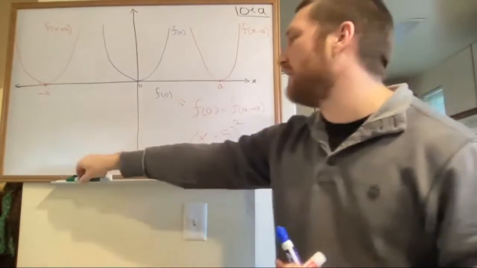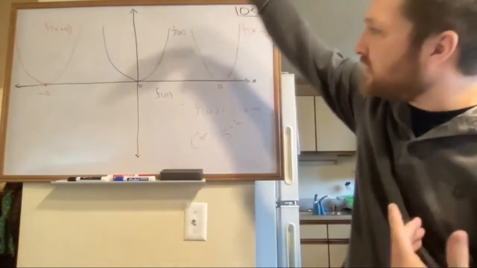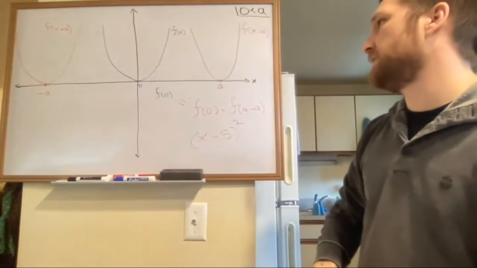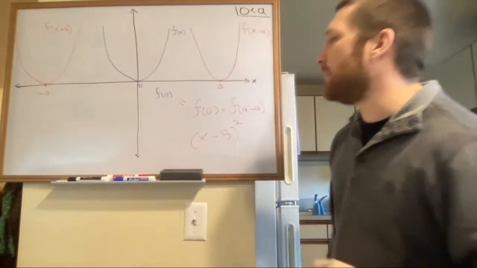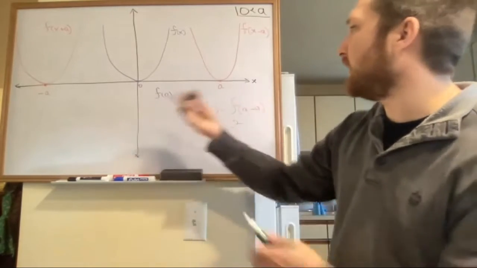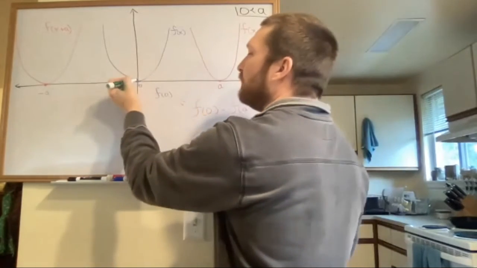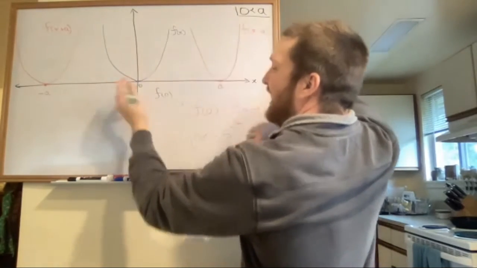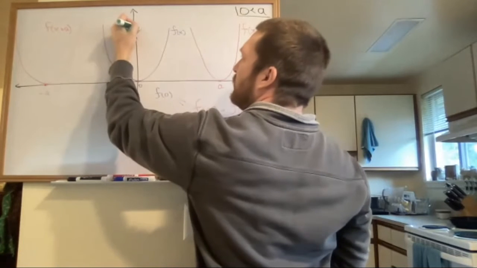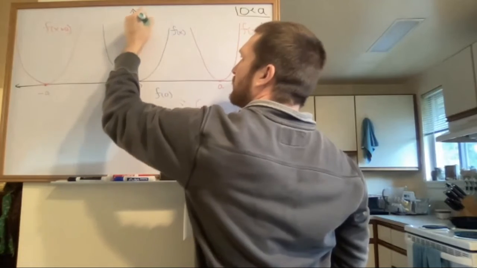And then you have the easy one, which is if you want to shift up or down, you add or subtract from the output. This will not be drawn to scale because I made this too big. But if we need to shift this up by A, then I just take whatever that output value is and write the whole thing. This is what it would look like.